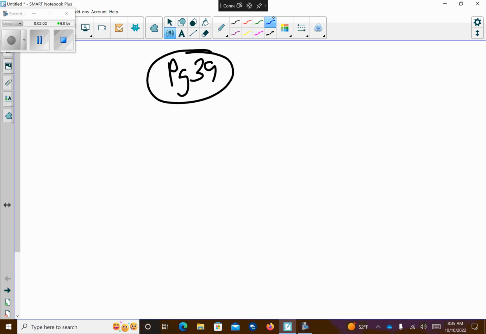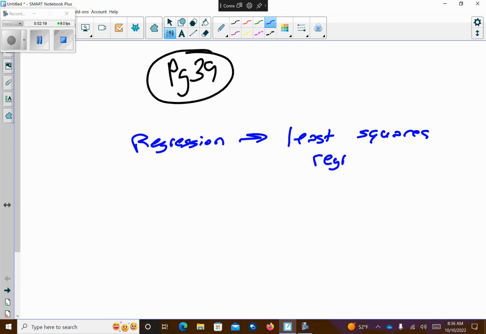Page 39. So we're talking about a regression line. There's a term that they use for regression line, and it's called the least squares regression line. And that's just a fancy term saying like we know statistics.